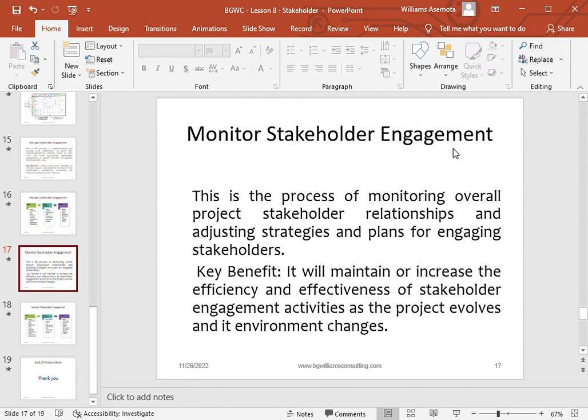Please take note, your stakeholders can be your team members, anybody that is interested, and whose interest is impacted either positively or negatively. They are all what? Your stakeholders in your project.